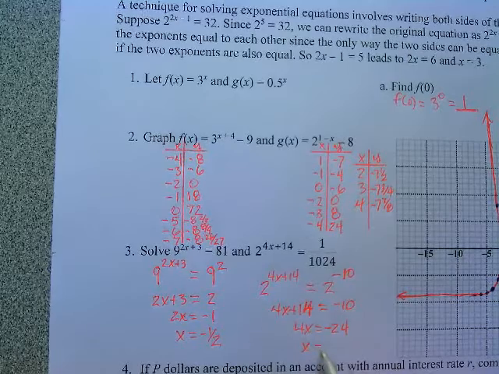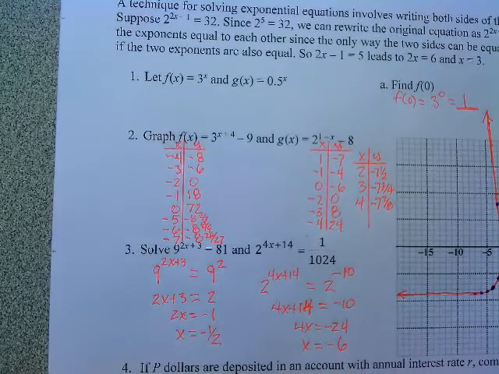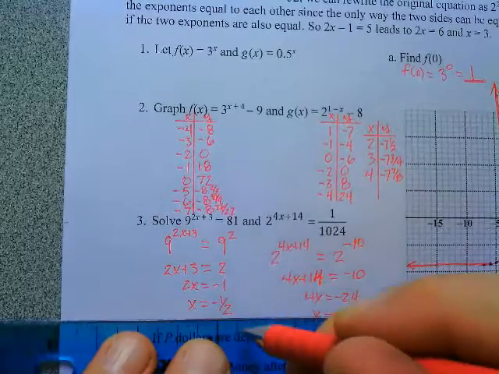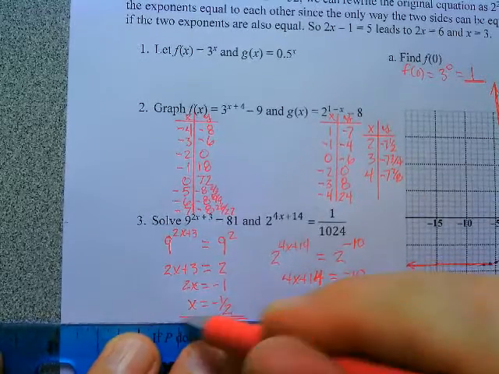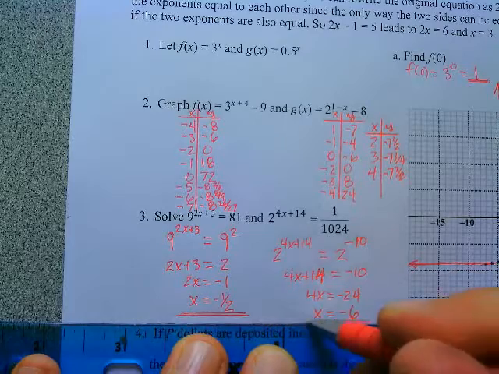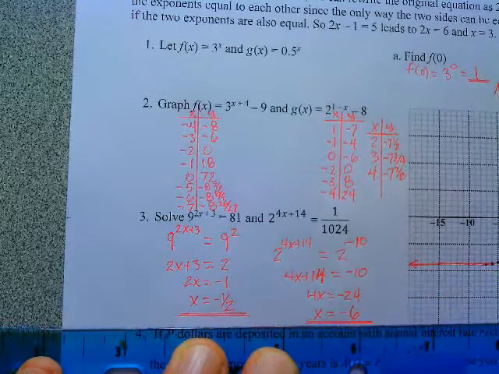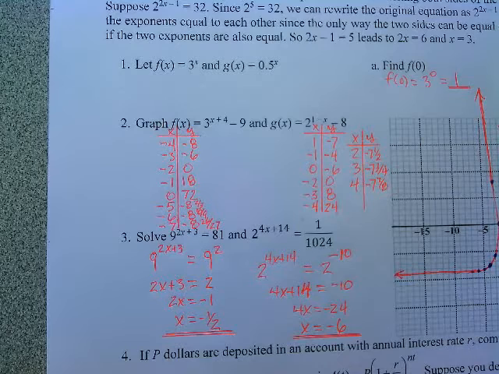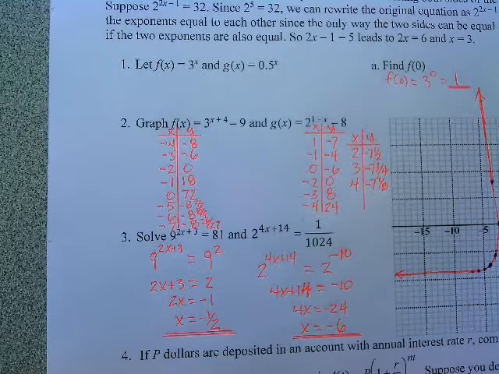Divide both sides by the 4. And then I have solved that one as well. And so we have where we can solve equations by making their bases the same.